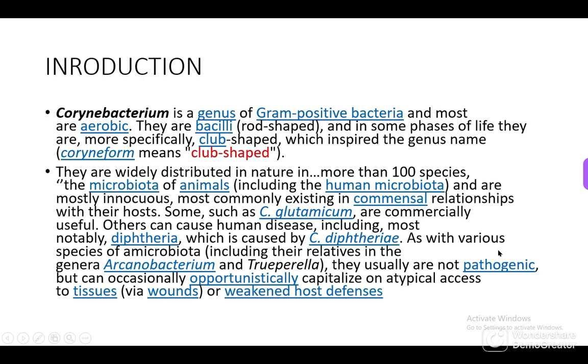As with various species of the genus Corynebacterium, including the relatives in the genera, they are usually not pathogenic, but can occasionally opportunistically capitalize on atypical access to the tissues through wounds or weakened host defenses.